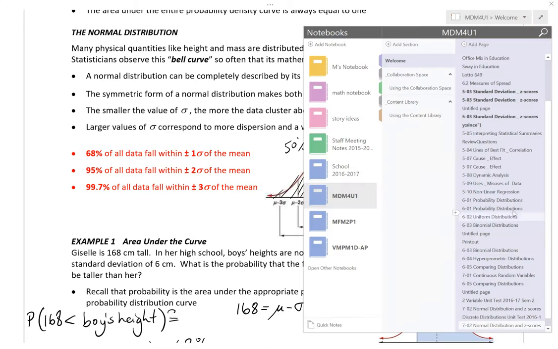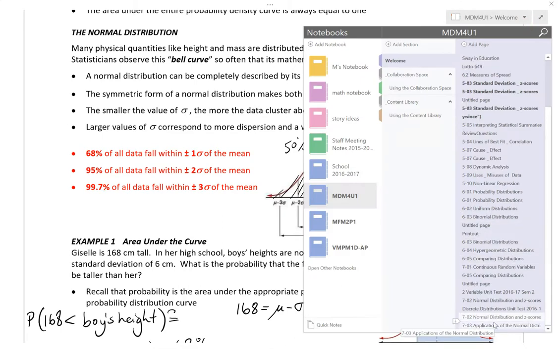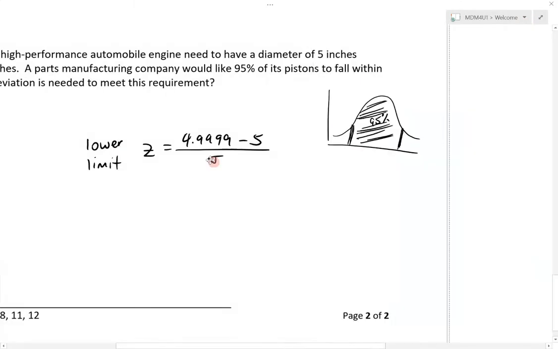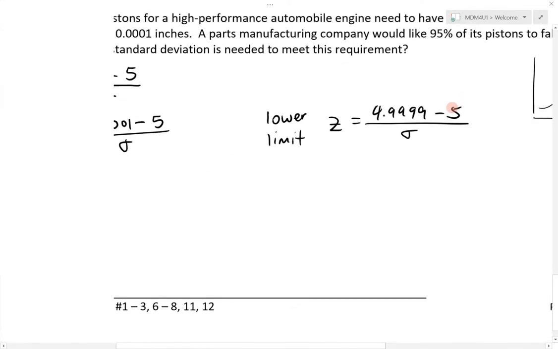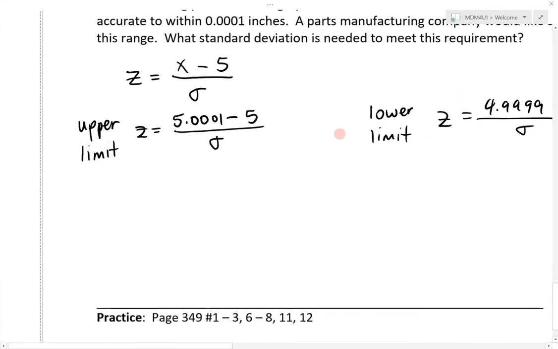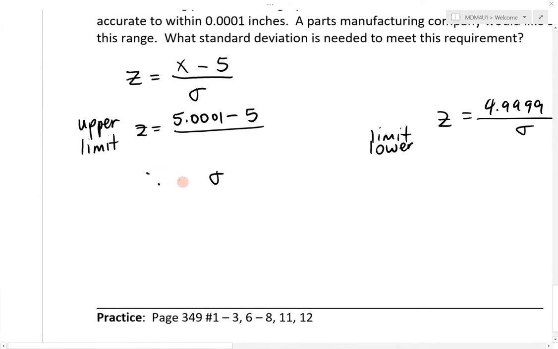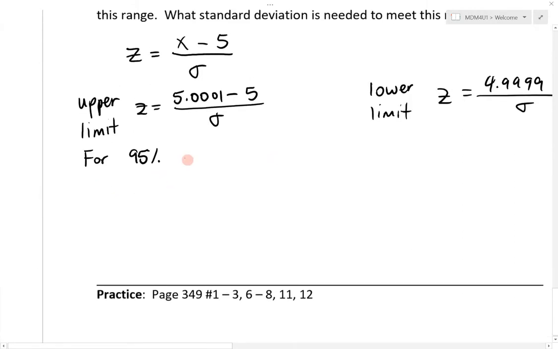Okay, so let's go back to our thing here. So for 95% of all pistons, the z-score must be plus or minus 2.